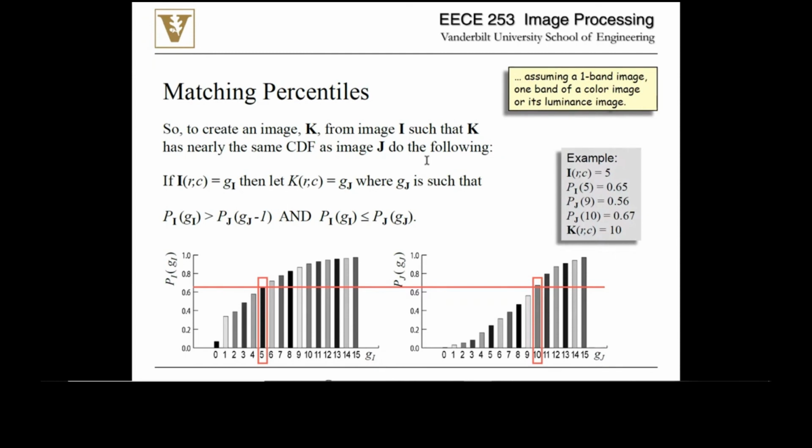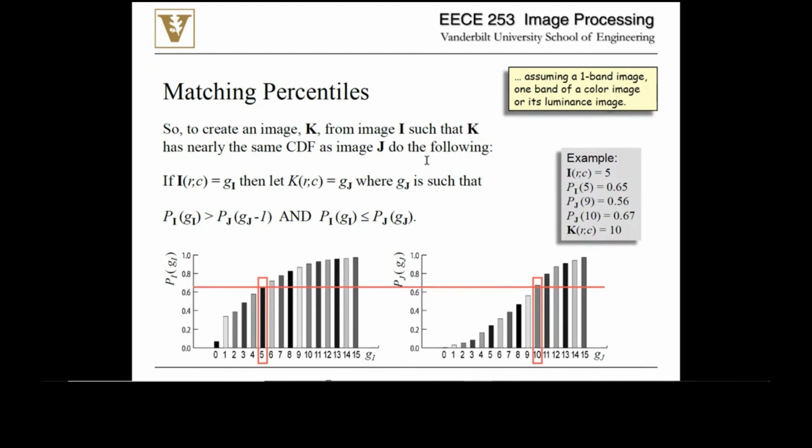Actually, it is not 65, it is 67. But it is the first value in J such that at least 65% of the pixels are below that point. So if I take 9, it is only 56, not 65. And if I take 11, it is higher, but it is not the first such value. So it is the first value, and this is what this is saying.